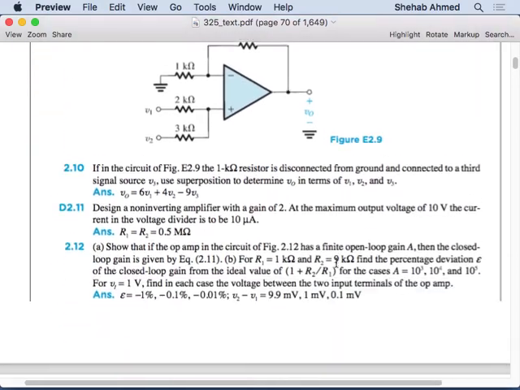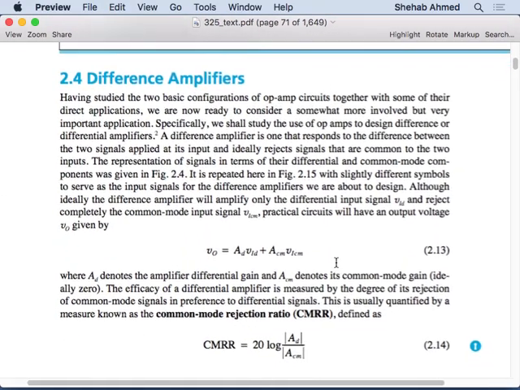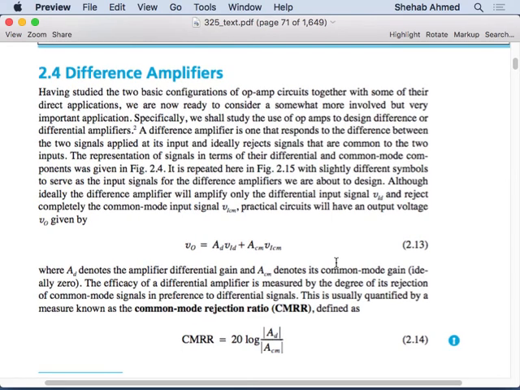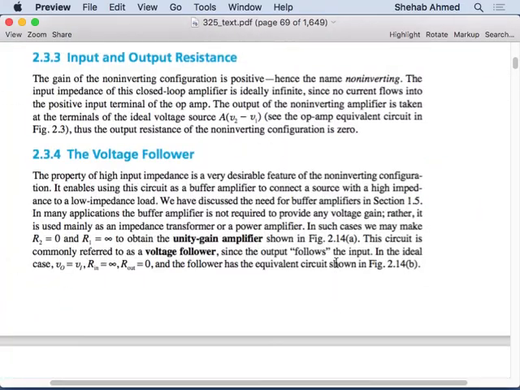So the next amplifier application we're going to talk about is called the difference amp. So we talked about inverting, and we talked about non-inverting amplifiers. We will talk about something interesting because when we talked about amplifiers, especially if you look at, for example, the gain for the equation that we have.